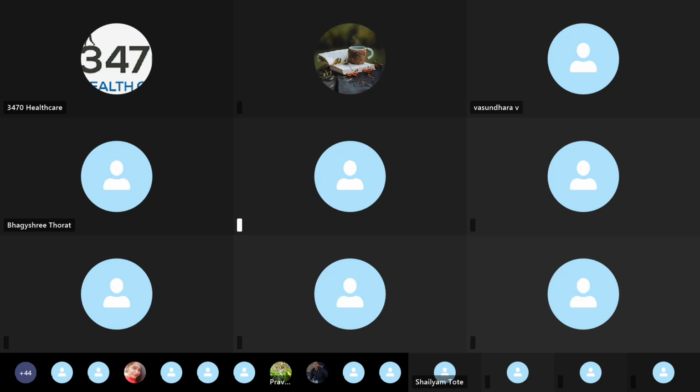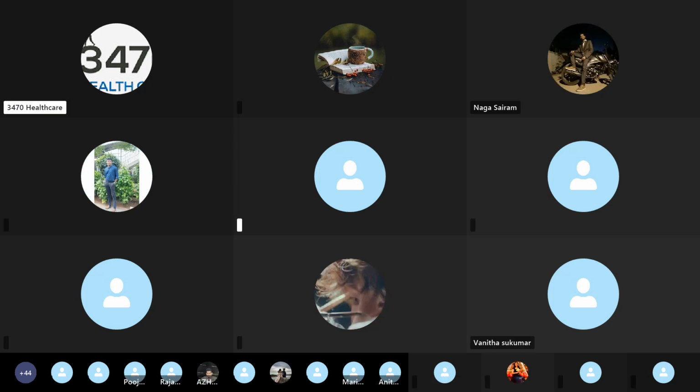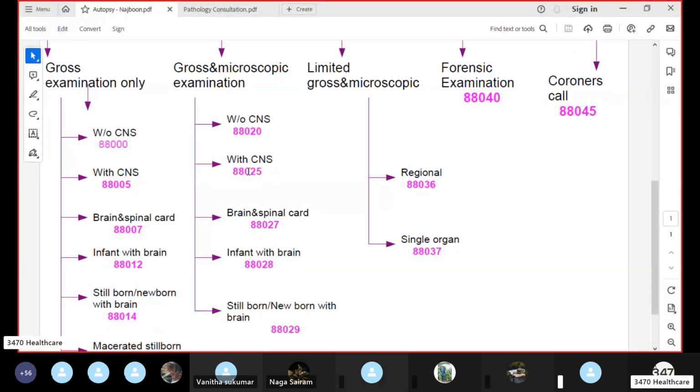One doubt, sir: full body means the brain is also examined, right? In that they are examining, but if we have the code, they are not examining the brain, without CNS and with CNS. Central nervous system full they are doing, now on code, without now on code, only specifying brain and spinal cord.